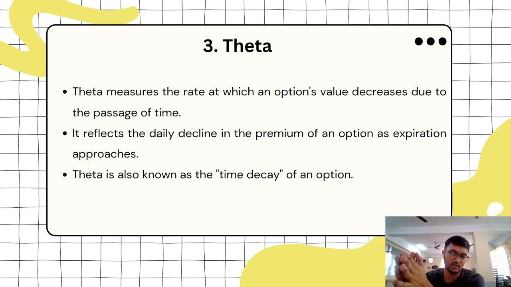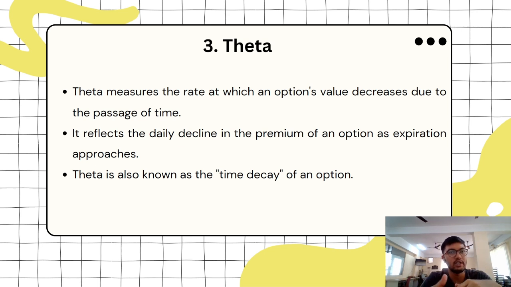Let's look at the other side. In case of option selling, you're getting the premium. So if the premium decreases, you make money because you are doing option selling. A decrease in premium will make you money. So as time passes by, it's bad for the option buyer, it's good for the option seller.